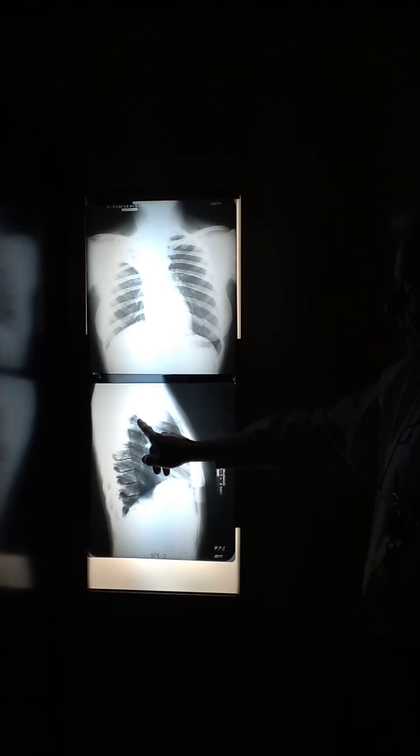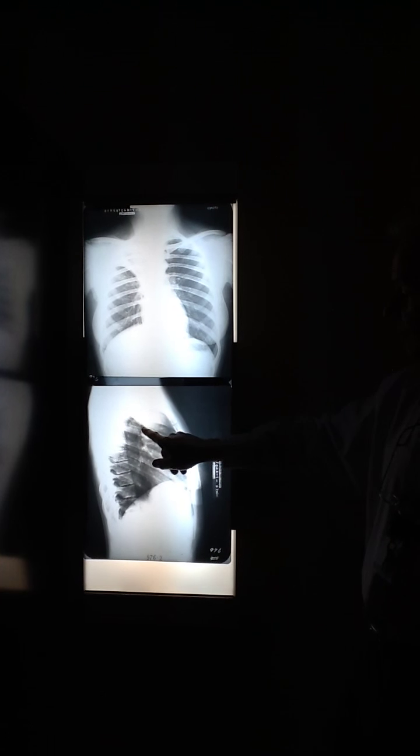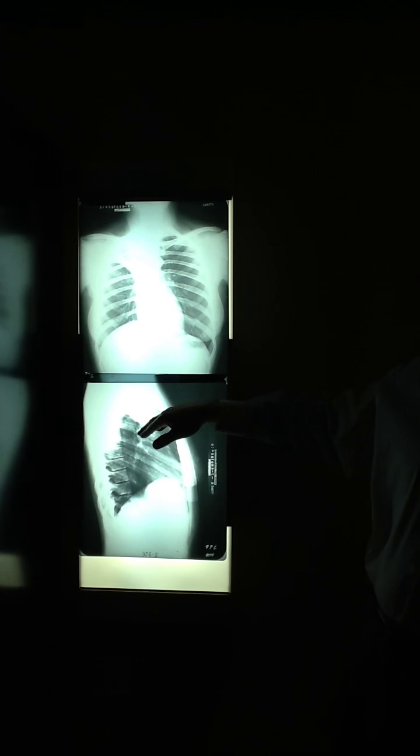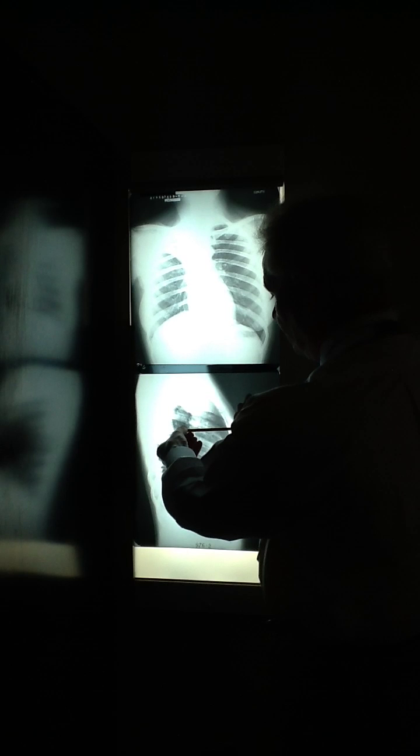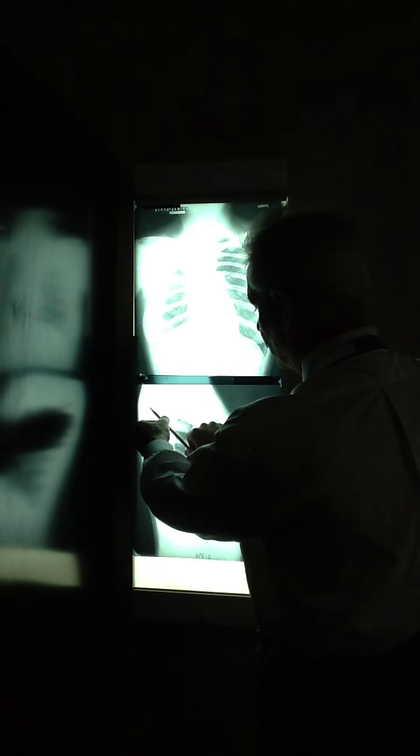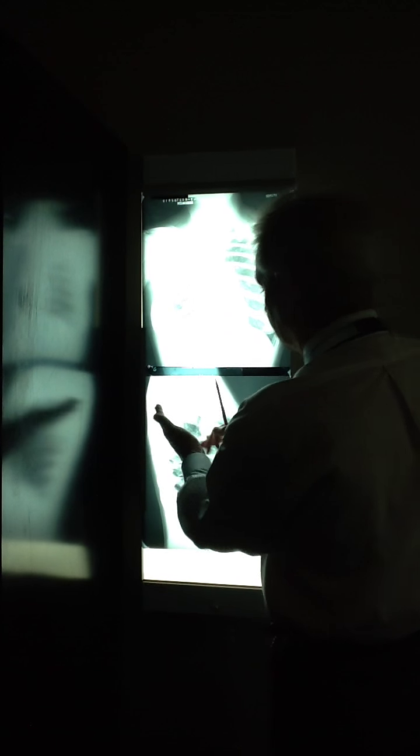So it hits it on an oblique angle, so it looks like a gradient density, not a well-defined line like that. It's seeing the major fissure parallel, but it's not seeing the minor parallel to it. So that's why we have a gradient density. But the minor should be here, it's now here. Major should be here, it's now here. So they're going like this. It's a collapsed what? A right upper lobe.